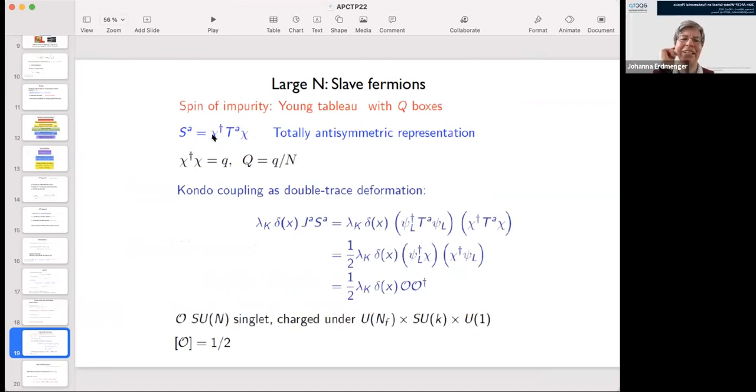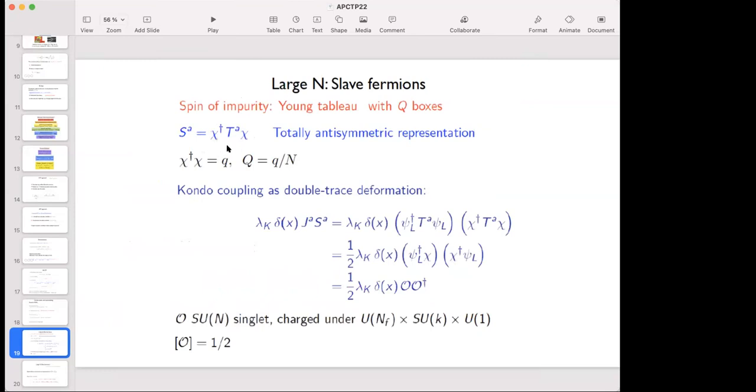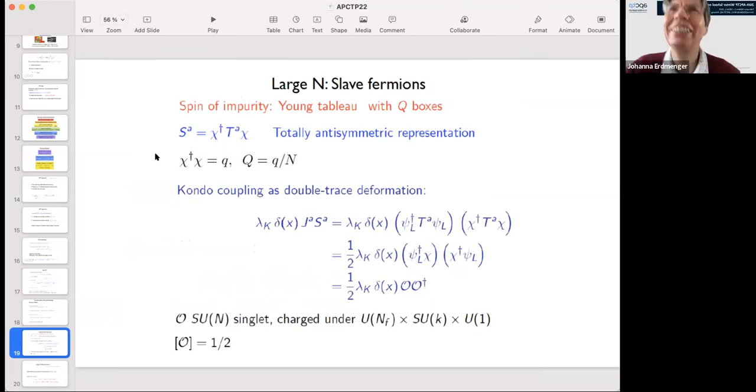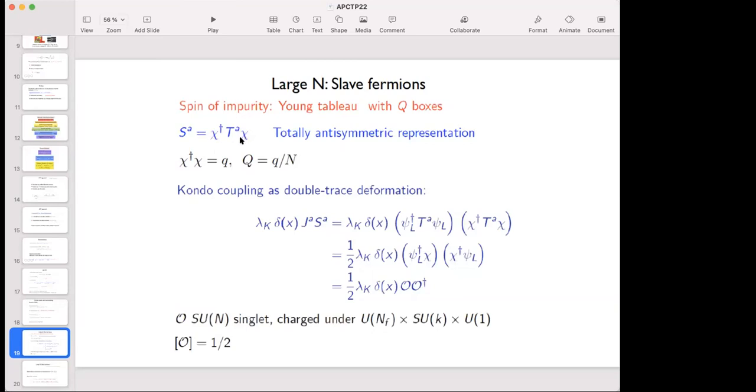No, but this U1 is an extra U1. It has nothing to do with this SU(N). But you just told me that chi belongs to SU(N), not U(N). Okay, SU(N) is the spin symmetry, and then there's an extra U1 which has nothing to do with this SU(N).